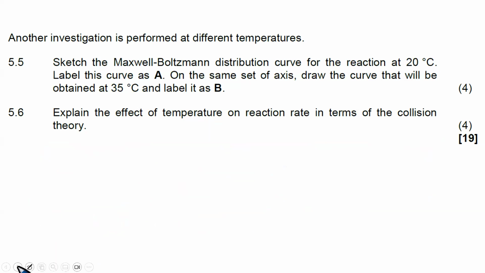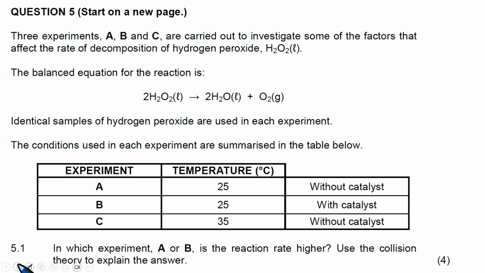Right, here's the homework. This one is a home activity. Three experiments A, B, and C are carried out to investigate some of the factors that affect reaction rate, the rate of decomposition of hydrogen peroxide, H2O2 liquid.